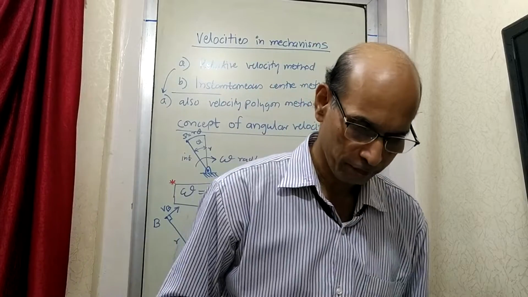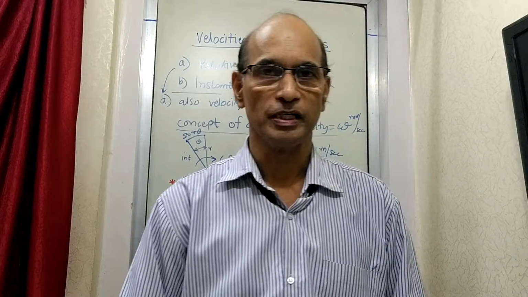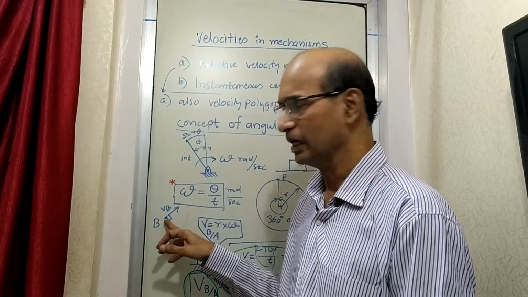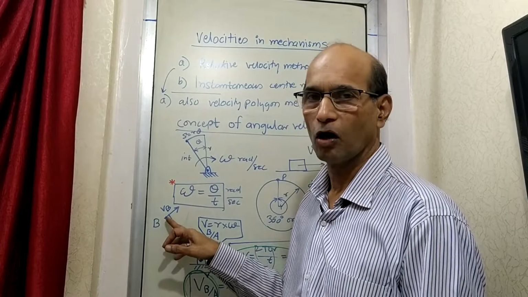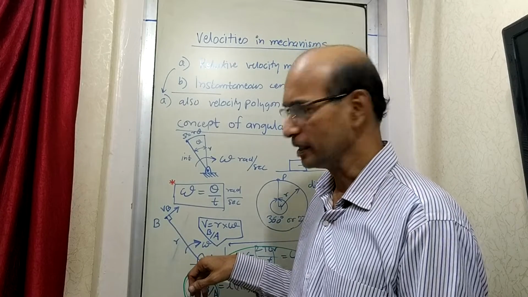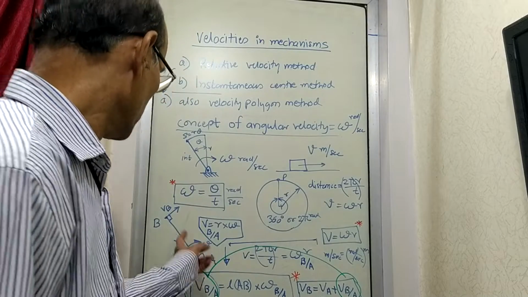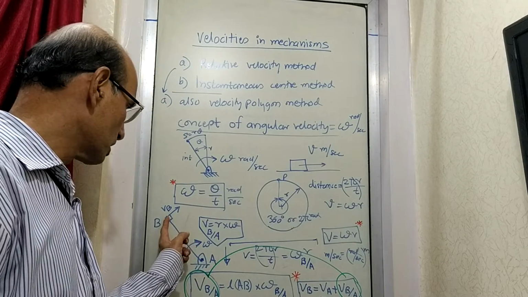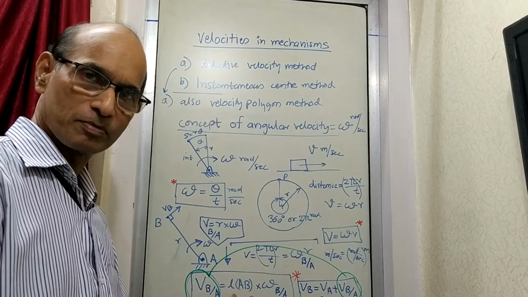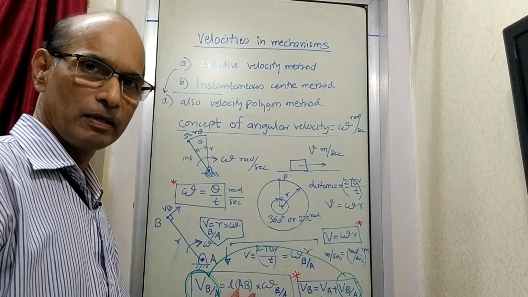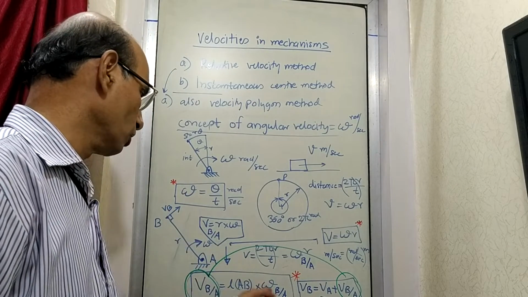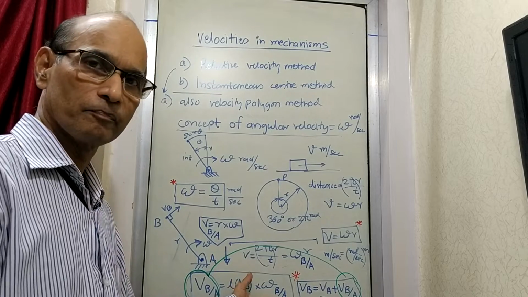Now the second conclusion, number 2. Magnitude of velocity of a point on a link with respect to a known point is equal to the distance of that point from the known point, that means this much, multiplied by the angular velocity of that link.